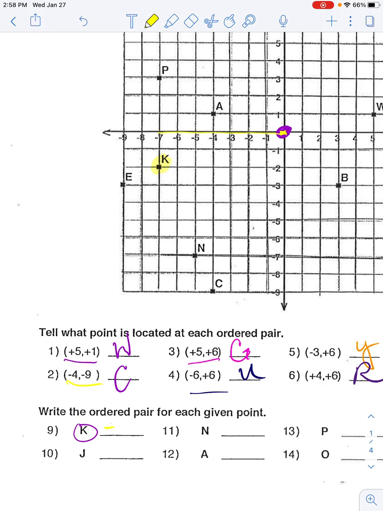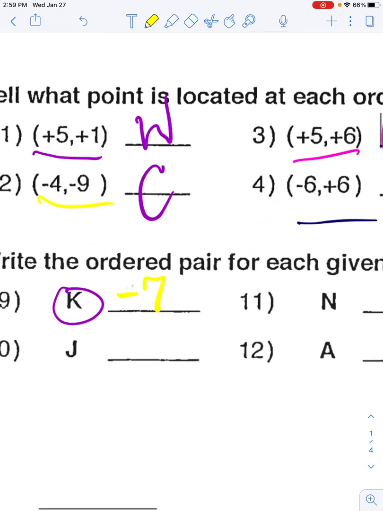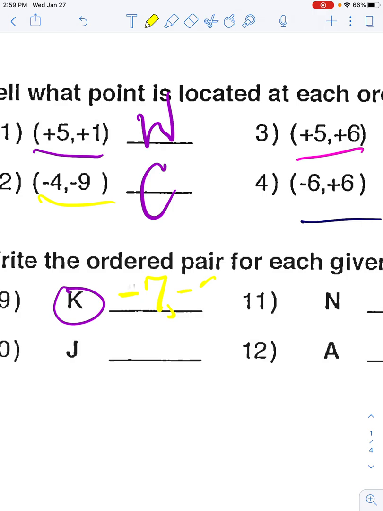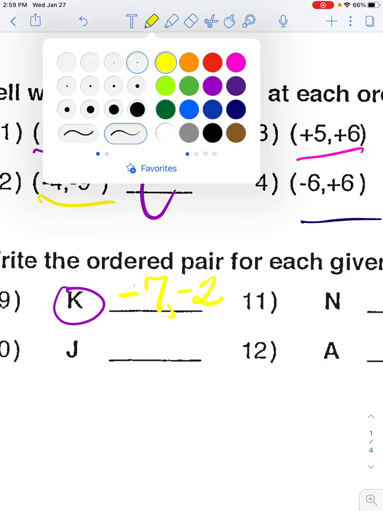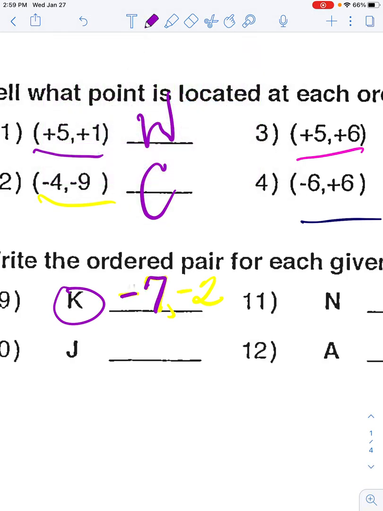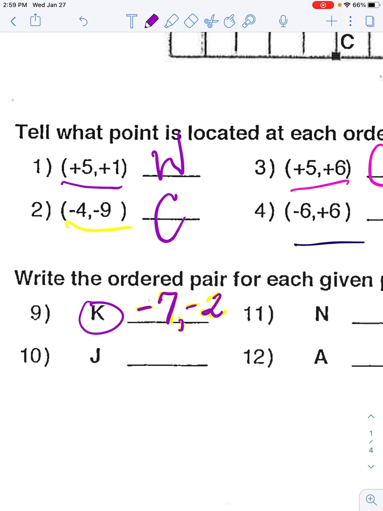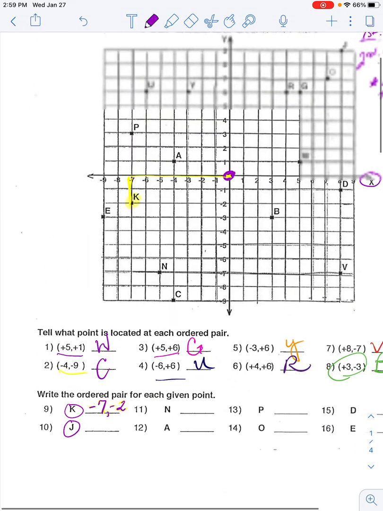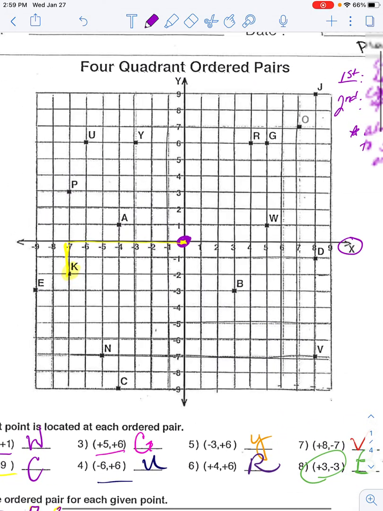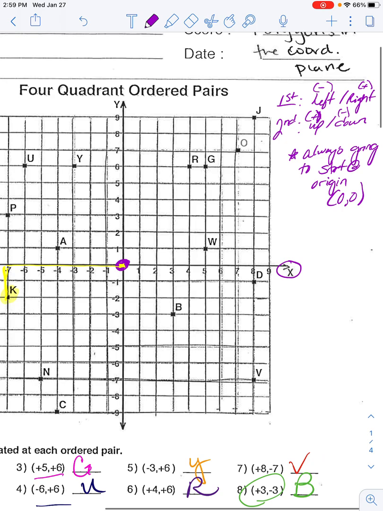So that's going to be a negative 7. And then to get down there, we're going to go down 2. So negative 7, negative 2. Negative 7, negative 2, because we went left and then down. Let's look at J. Where's J on the graph?